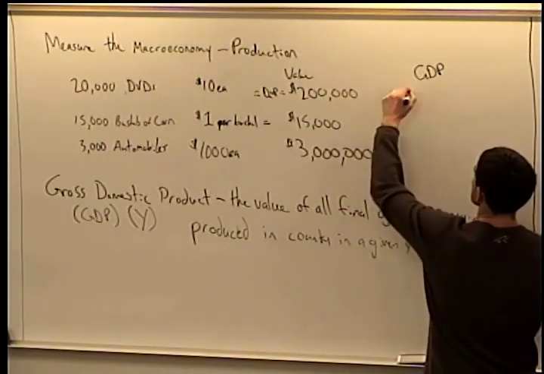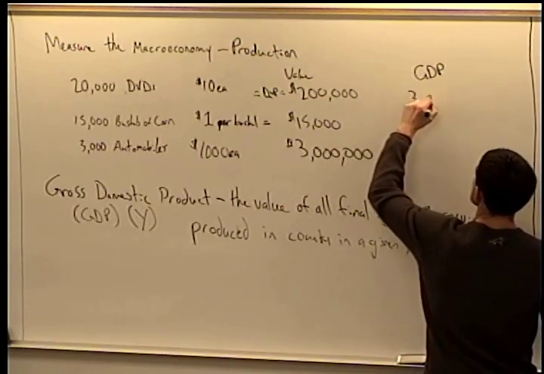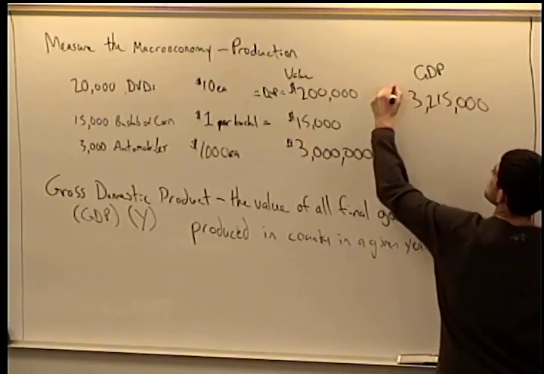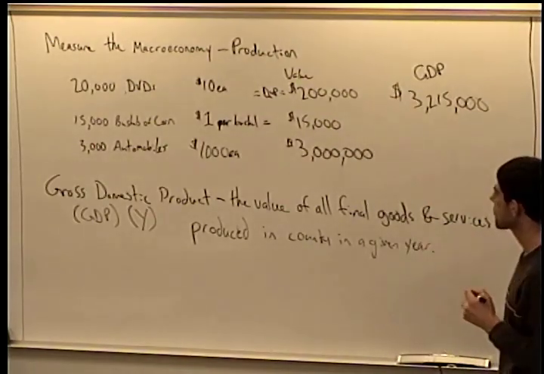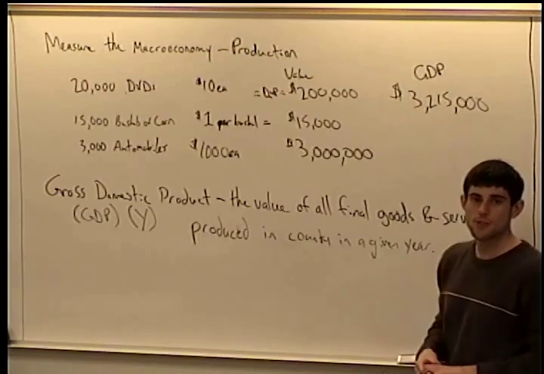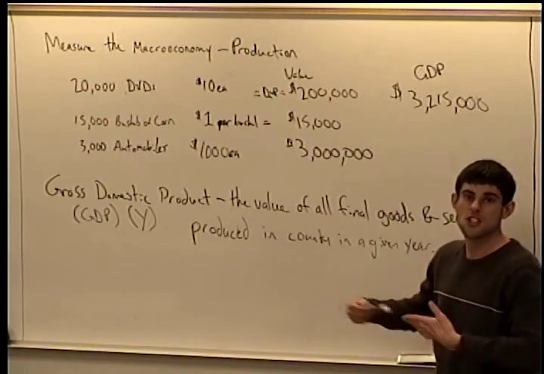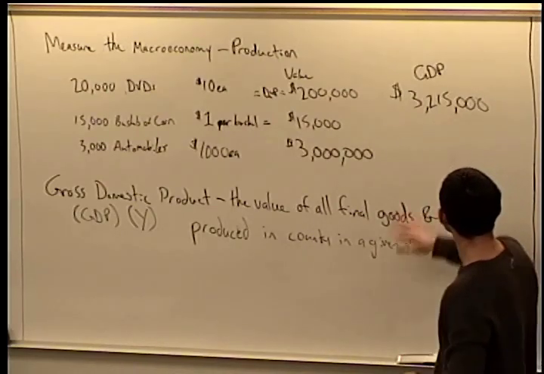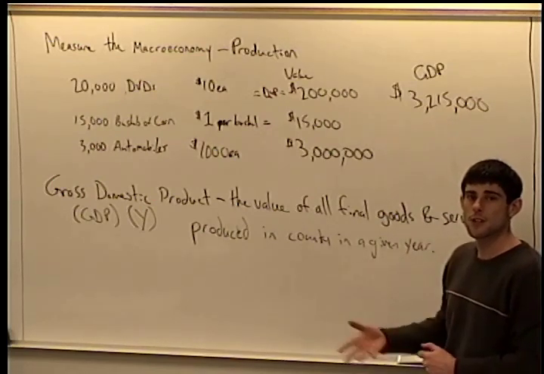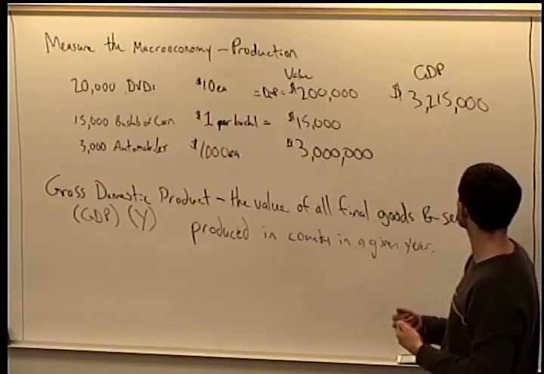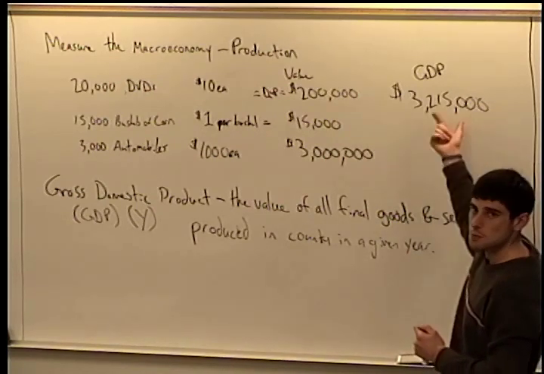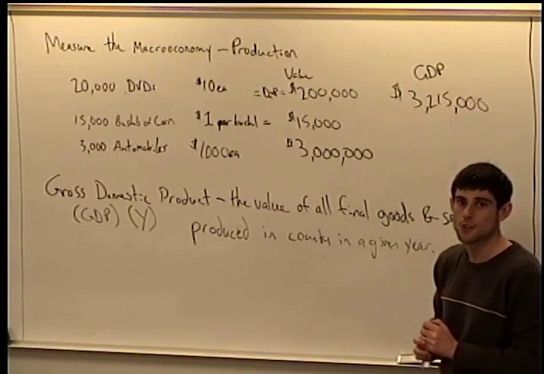So that's going to be equal to 3,215,000 in value. So overall, the US would have produced $3,215,000 of stuff in this year. And that's giving us a measure of how much we've produced, but it's also giving us a measure of our income. Okay? So overall, total income in the US was about $3,215,000.